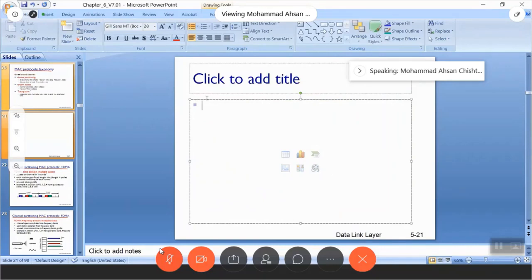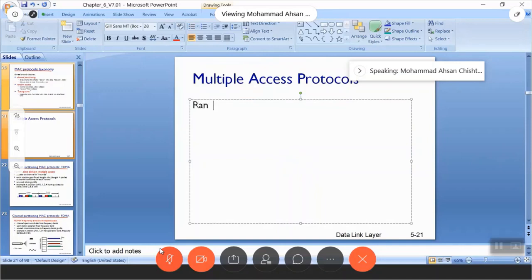And I will say here we have multiple access protocols, and in this there are three. So we have three of these: random access protocols.